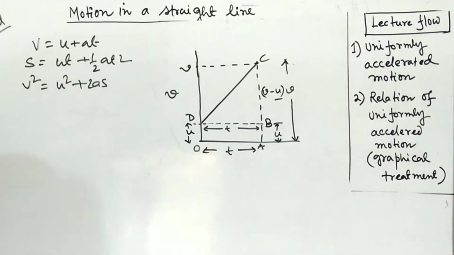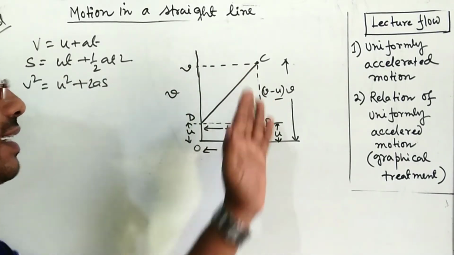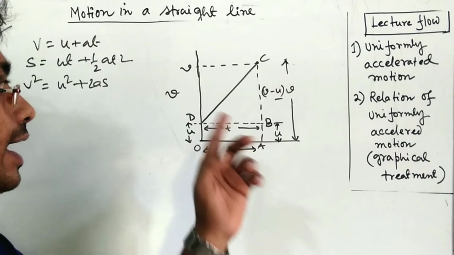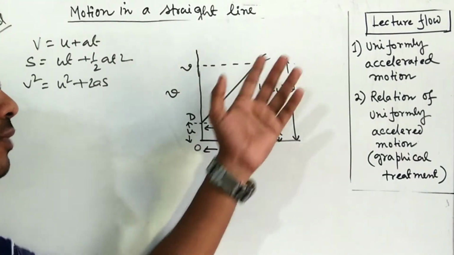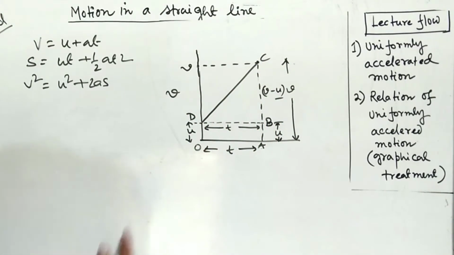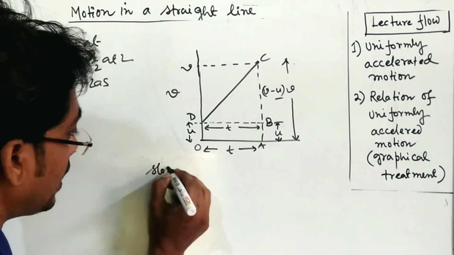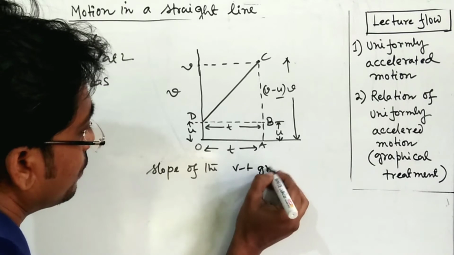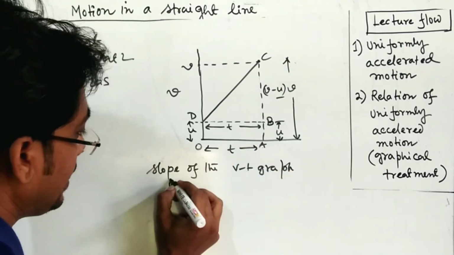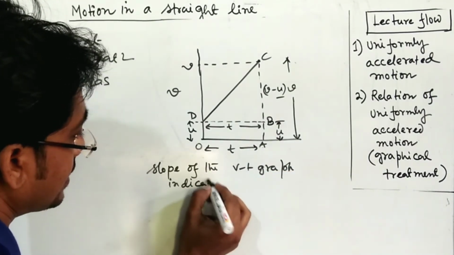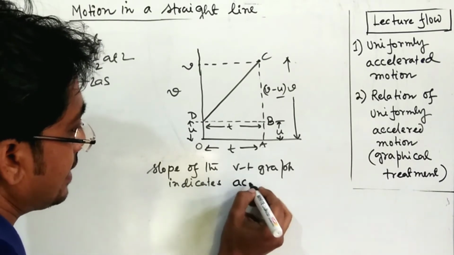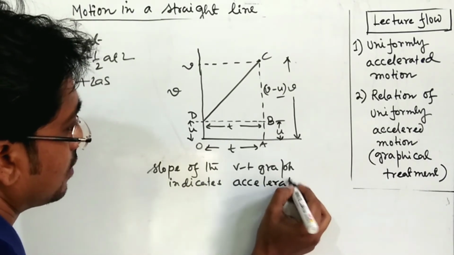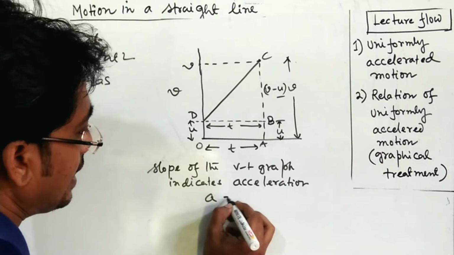Okay, if we want to find the acceleration from the vt graph, what was the formula? The slope of the vt graph indicates the acceleration.